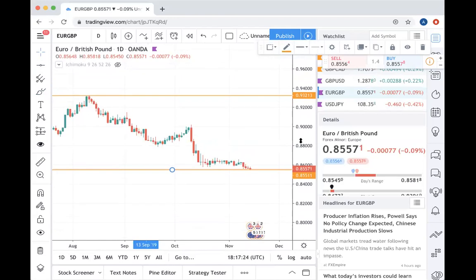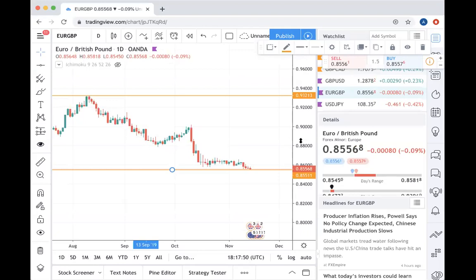So would you wait till it breaks the rejection again to enter the trade? I'm gonna clarify my lingo. I would wait until price showed me either a rejection of this support or a break. If it rejects this support, I'm gonna look for a buy.